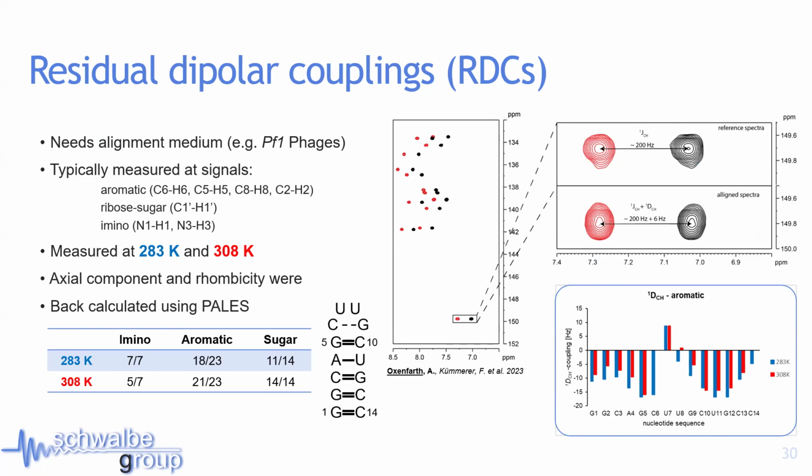And you have the reference sample, your aligned sample, you measure the HSQCs, and you get the dipolar coupling based on the additional splitting. So it's actually quite easy, it's quite fast. I think if you are doing structure determination, you really should think about measuring RDCs because they give you so much information.